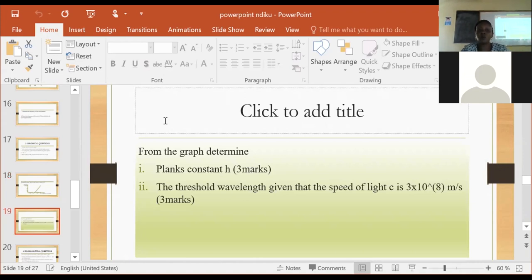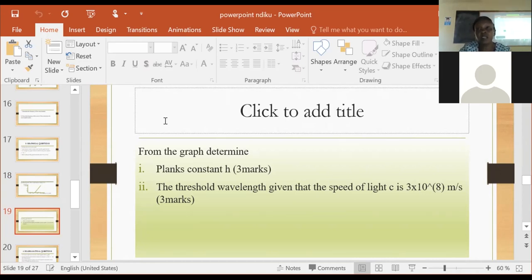The question was to calculate the Planck constant h. When you write the formula, that is Einstein's equation, hf is equal to hf naught, that is work function, plus kinetic energy.